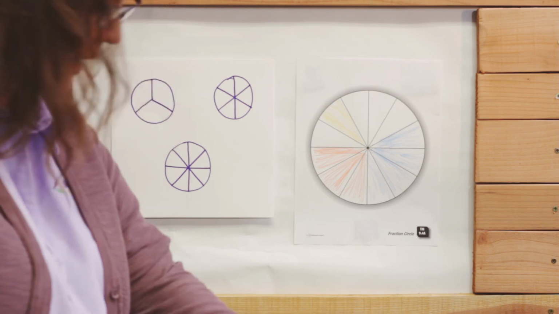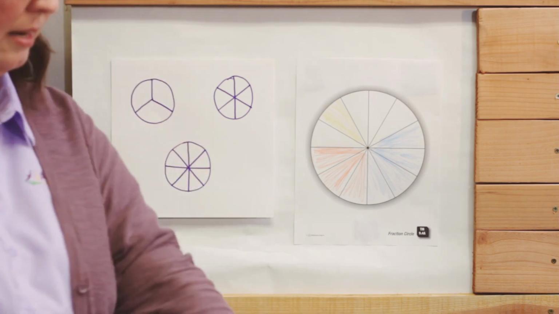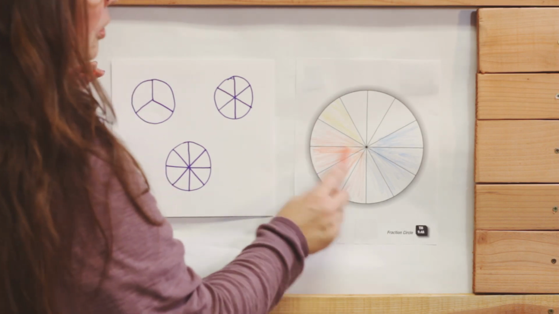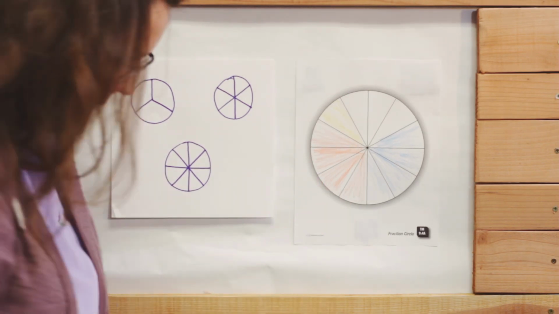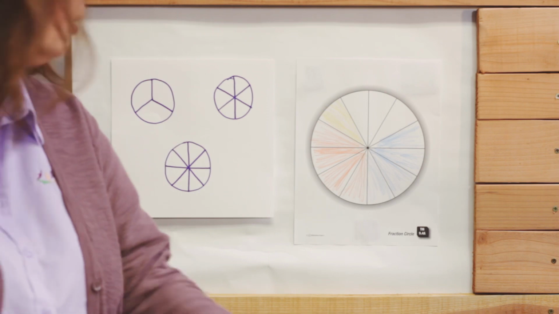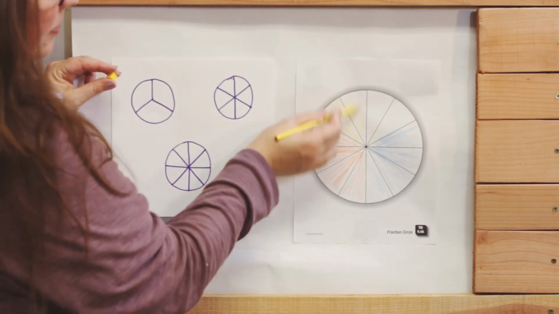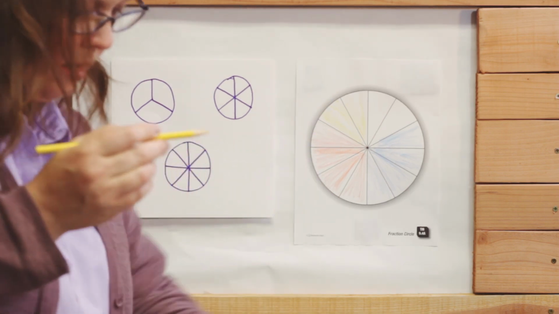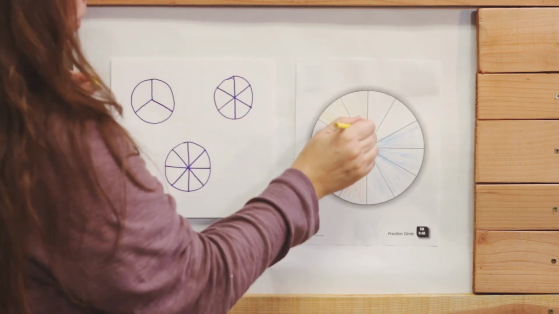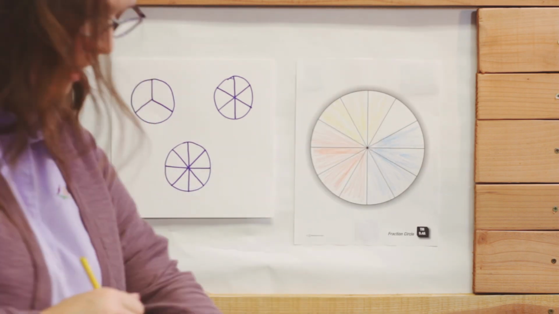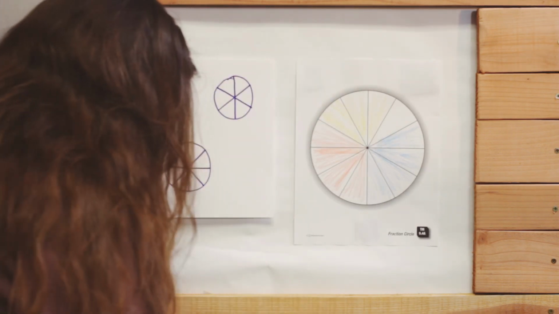So I'm going to get another red, and I'm going to fill in this one, which now makes that 4/12. And finally, I'm going to do a last couple in yellow. One more, which makes that 3/12 yellow. And I actually have one last one in blue.